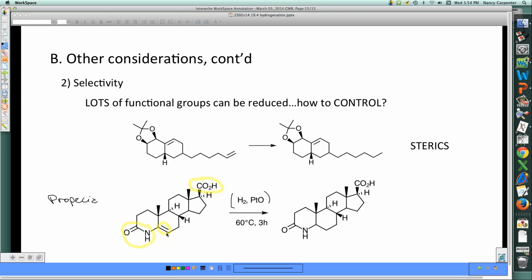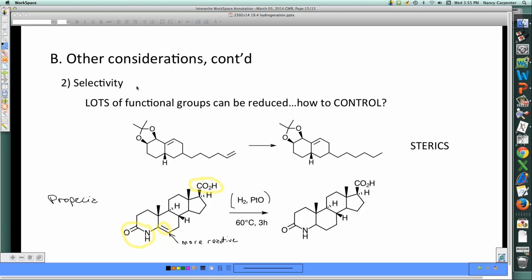Note this is a tri-substituted double bond, so it's going to be a little more reluctant to undergo reduction. I do have to go up to 60 degrees, and it takes 3 hours, but still it is more reactive than either the carboxylic acid or the amide.